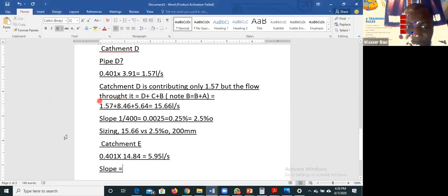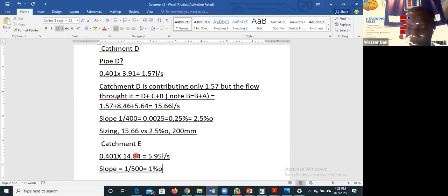So next is pipe E. The same specific flow multiplied by the catchment area gives us 5.95, and the slope is 1 in 500, which is the same as 2 per thousand. Let me fast track it.